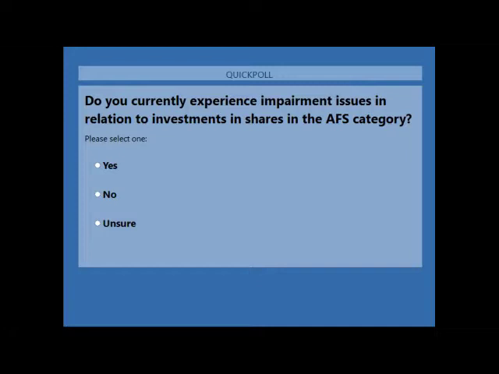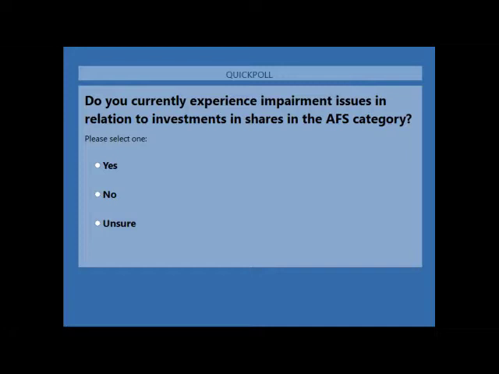A lot of not-for-profit entities have additional cash that they invest until they need it, and therefore it's actually something that we see in our not-for-profit client base quite a bit. So if anybody else would like to vote, I'll give you another few seconds. At this stage, we've got 70% of attendees have voted, which is fantastic.